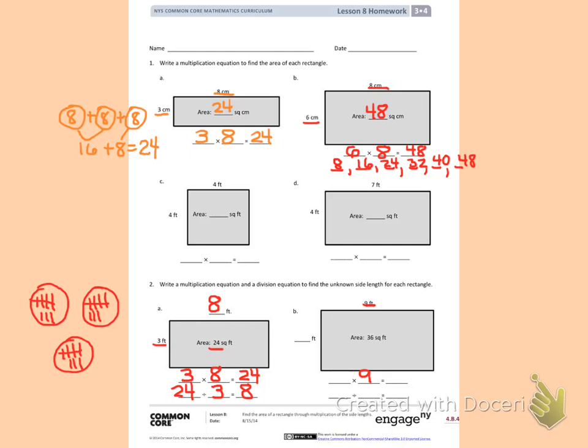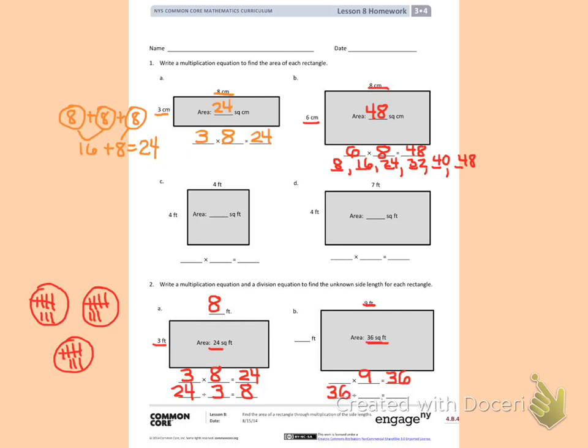But you could do it the other way as well. Now remember, the product or the answer goes last in a multiplication problem. But in division, you take that answer to the multiplication problem and put it first, because when you have division, you work backwards and do the opposite of multiplying.